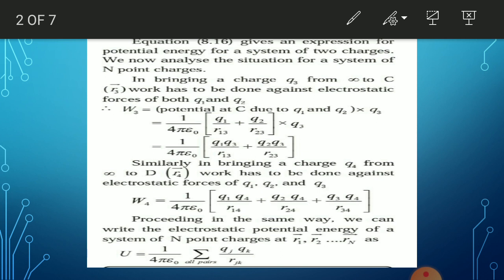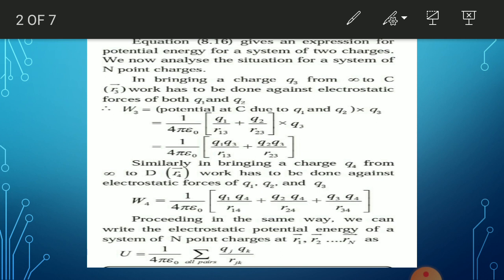So substituting this value here, we can write W3, that is the work done to bring the charge from infinity to point C, equal to 1 upon 4 pi epsilon 0 into bracket Q1 upon R13 plus Q2 upon R23, into Q3.